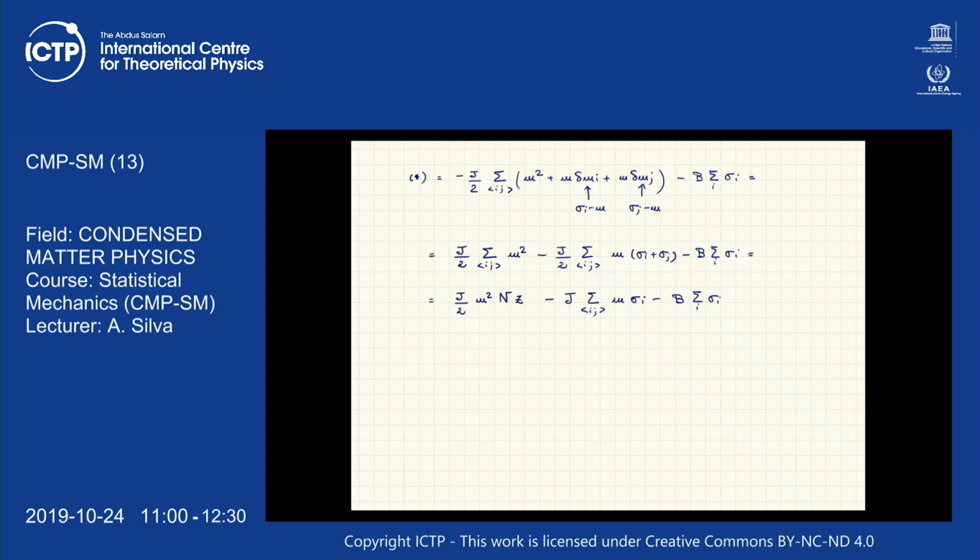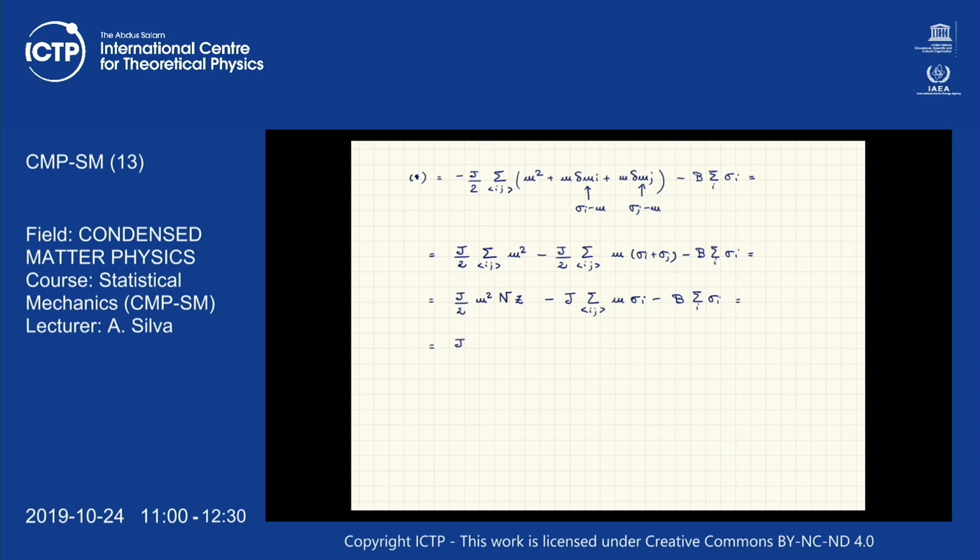And now, well, life is simple because you see here I have a sum over i and j. Well, i is fixed, I give it here. When it's sum over j, I have only the nearest neighbors, so I get a factor of z in front.